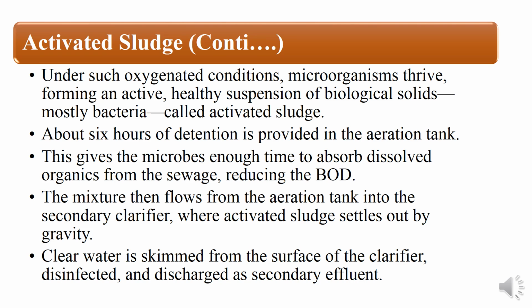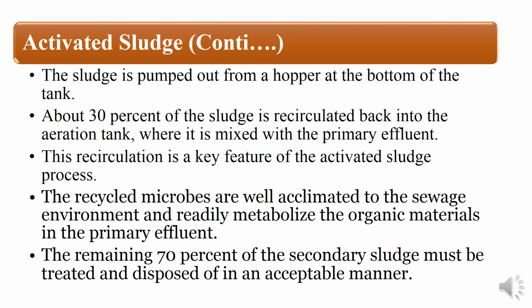The mixture then flows from the aeration tank into the secondary clarifier, where activated sludge settles out by gravity. Clear water is skimmed from the surface of the clarifier, disinfected and discharged as secondary effluent. The sludge is pumped out from a hopper at the bottom of the tank.